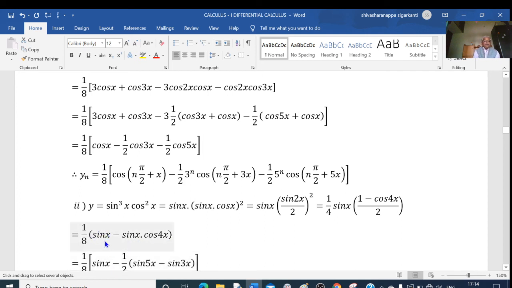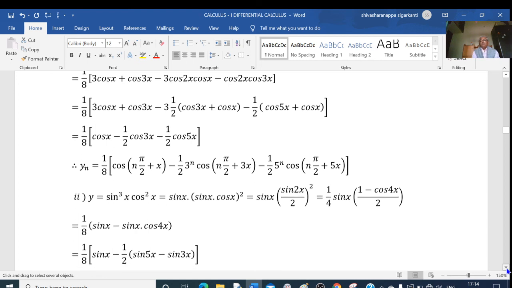I can find the nth derivative of this, but I have to convert this into sum or difference. This is in the form of sin into cos. Sin into cos can be written as 1 by 2 into either sin plus sin or sin minus sin.